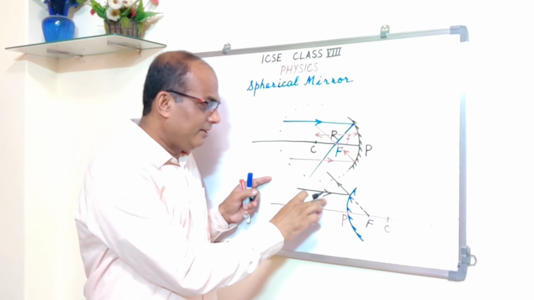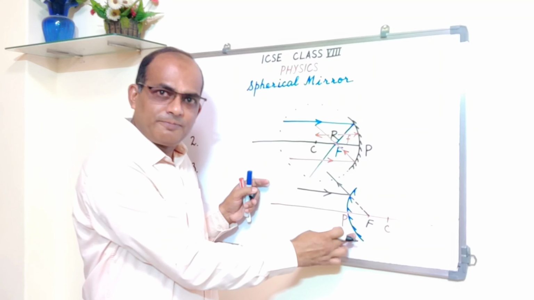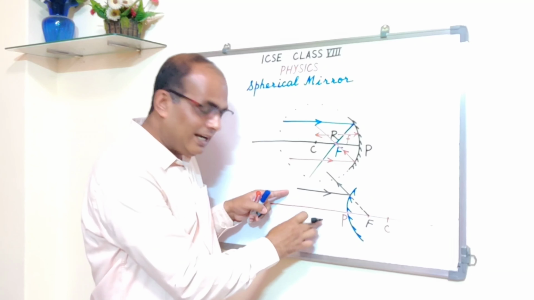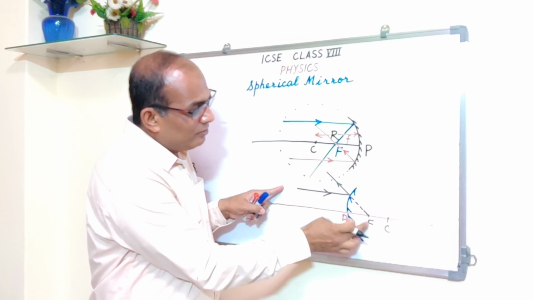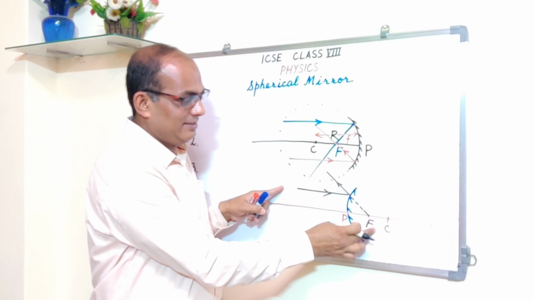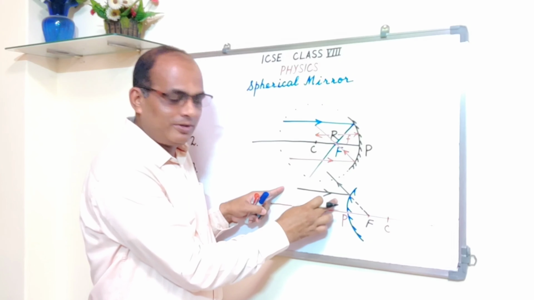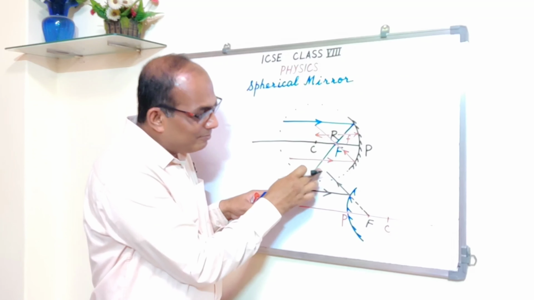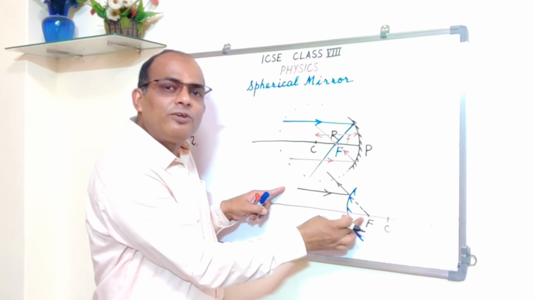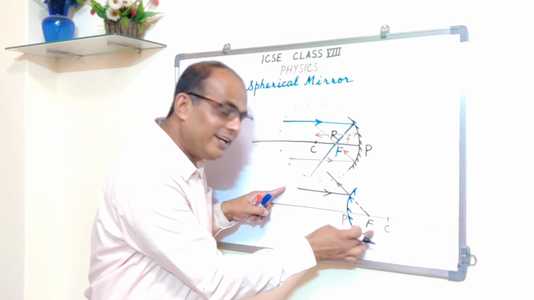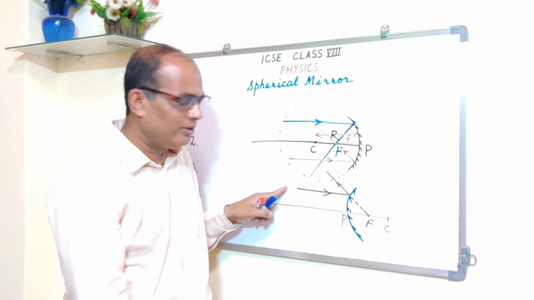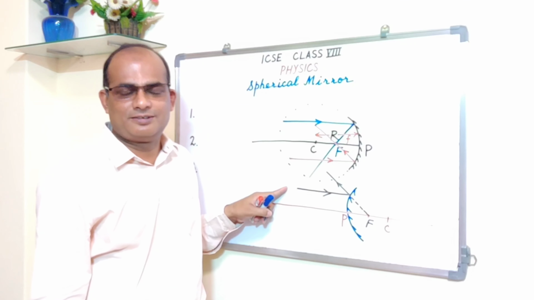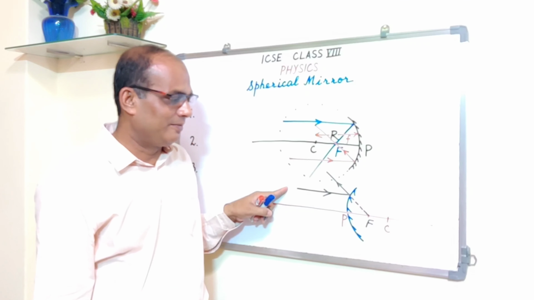So in the case of a convex mirror, the ray of light which is parallel to the principal axis, after reflection appears to come from a point on the principal axis. This point is called focus, principal focus, or simply focus in the case of a convex mirror. I hope it's clear now.